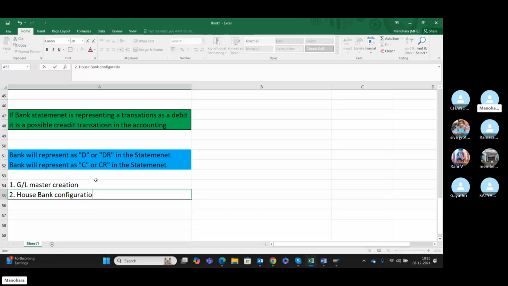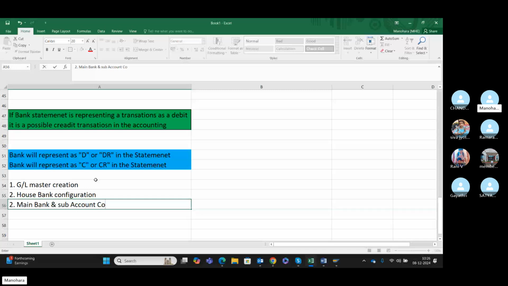And third, main bank and sub bank: how the main bank is treated, how the sub bank is treated, and how their transactions happen. Open item management: what comes under open item management and what does not, and all the concept logic.